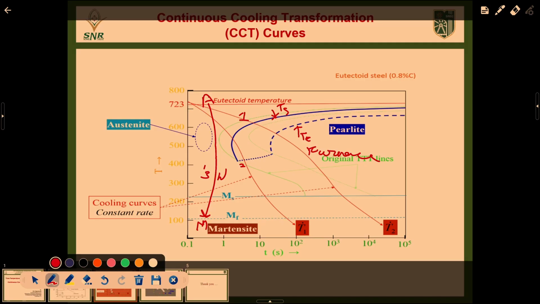But if your material requires a bainite structure, you can go with the oil quenching process.